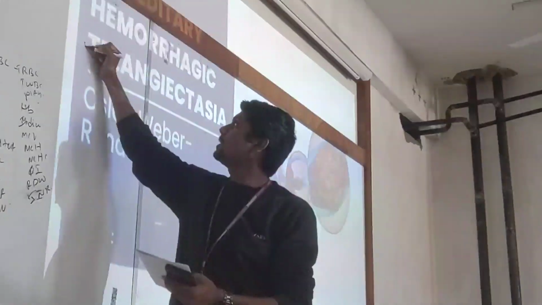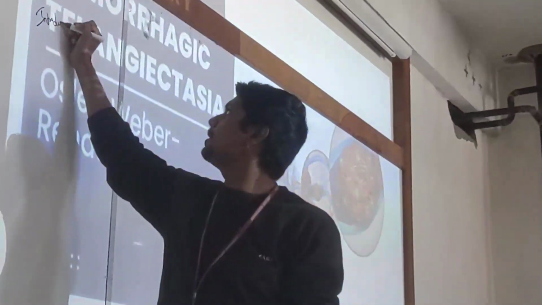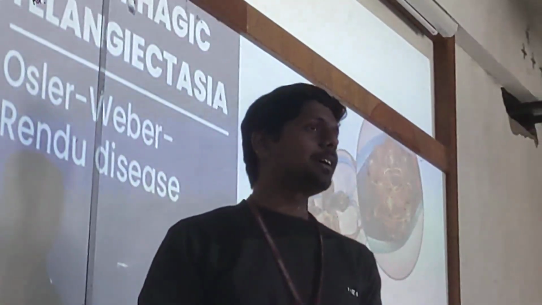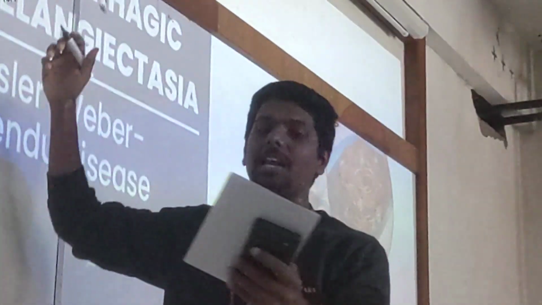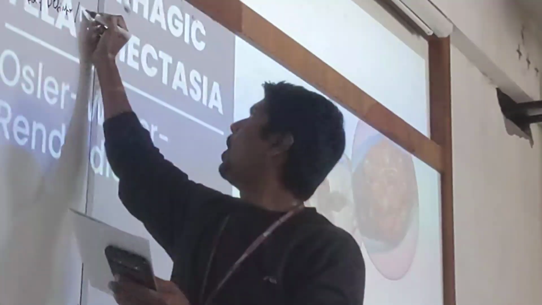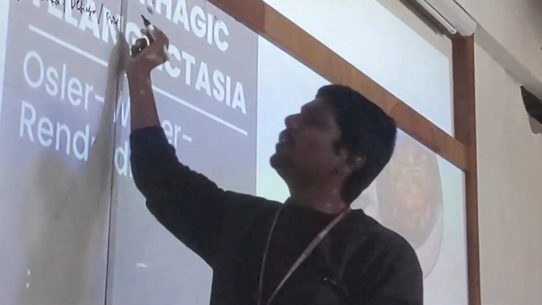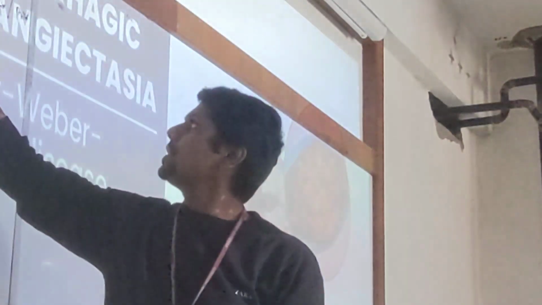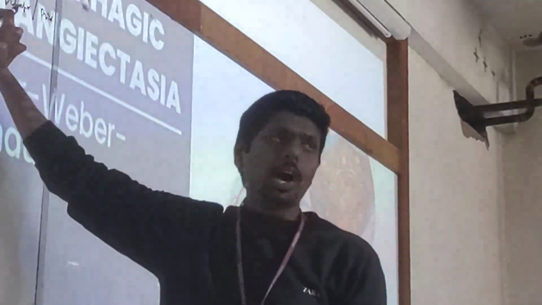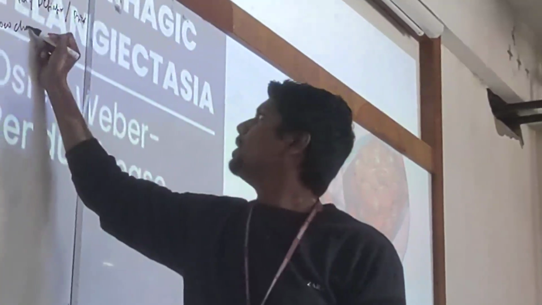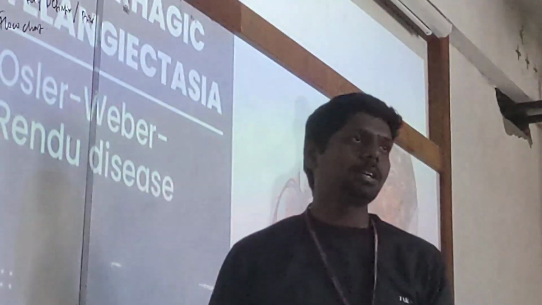Write down introduction. For every answer, you must have these points: introduction, definition, or principle. Then, when you are elaborating the topic, try to elaborate it with a flow chart.